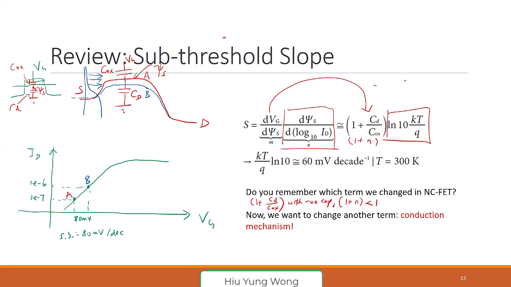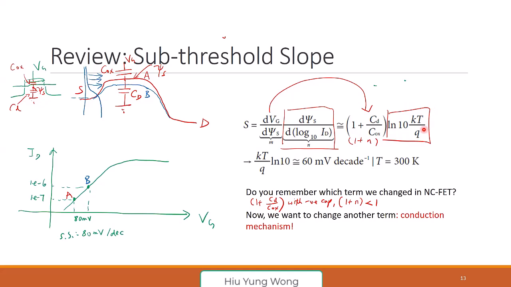With negative capacitance, 1 plus n is smaller than 1. So last time we showed that I can make the subthreshold slope very steep by playing with this term, 1 plus n. This time I'm going to show you, if we don't change this term, can we change this other term?